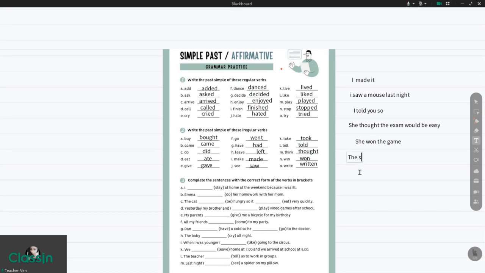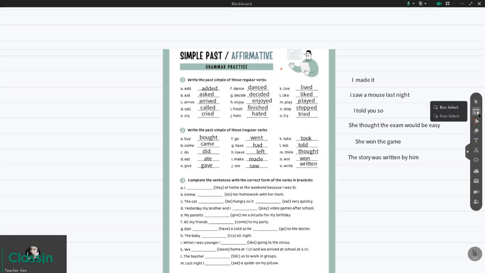The story was written by him, right? As you can see, we use the word written in a simple sentence. The story was written by him. Okay? You can either put a period or not. Anyway, we're just using the verb in an example.